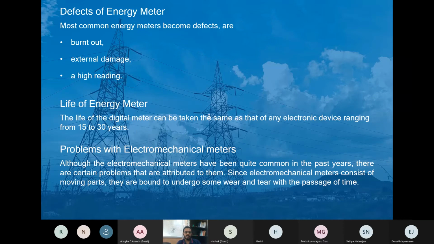Most of the complaints which are not apparent are of high energy readings as against the usage of appliances or previous month consumption, even with no change in the pattern of consumption. Such issues will certainly arise when electromechanical meters are changed to digital meters, since the sensitivity of digital meters is very high and can sense even the mobile charging current, which was not sensed by electromechanical meters.